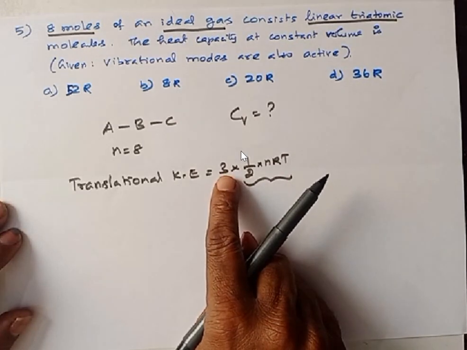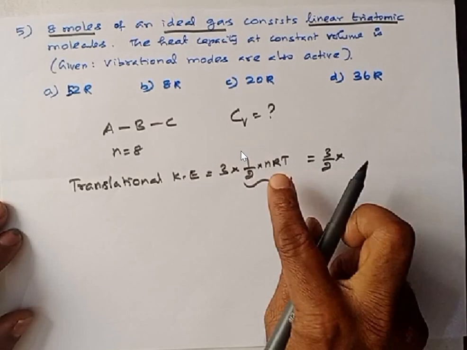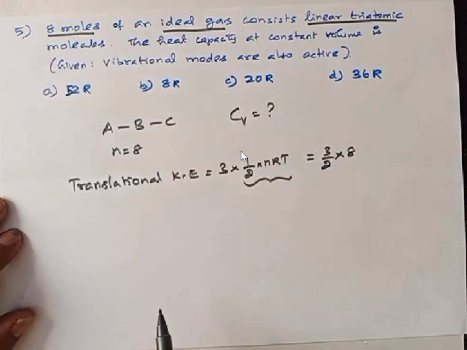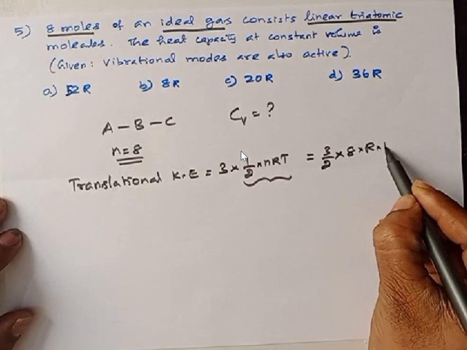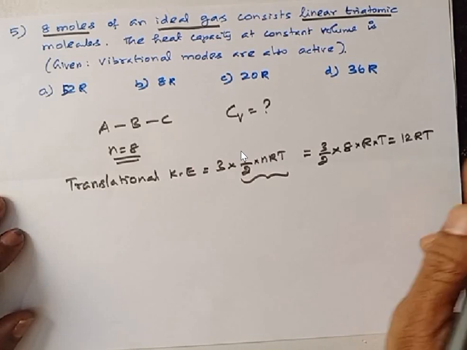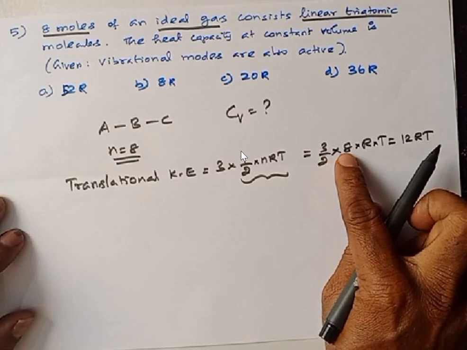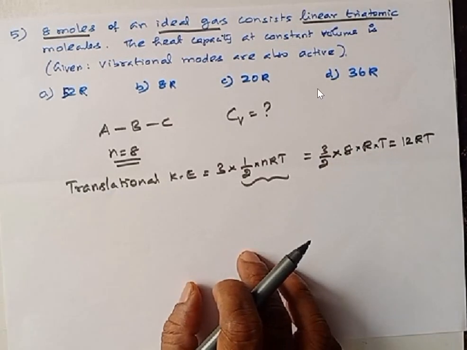Since there are 3 translation modes, 3 into this. So you will get the answer as 3 by 2. Number of moles is given as 8, so 8 into R into T. So we will get the answer as 12 RT. 4 into 3, 12 RT. So this is the total translational kinetic energy.